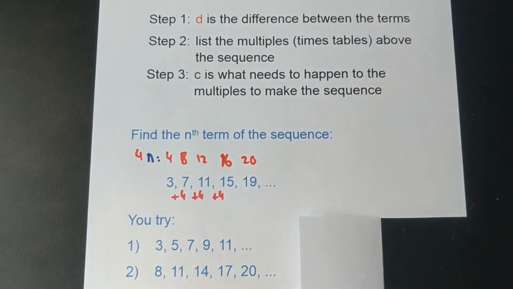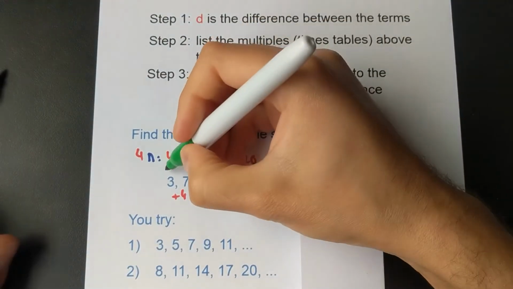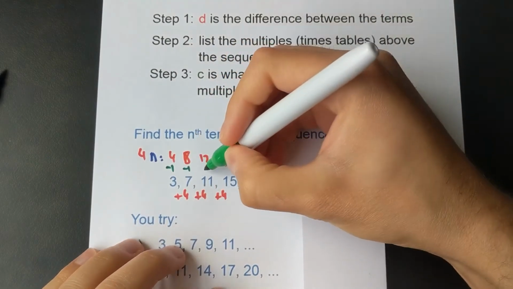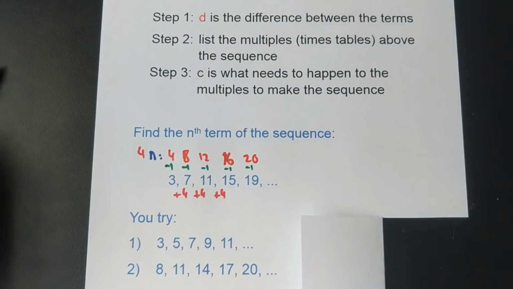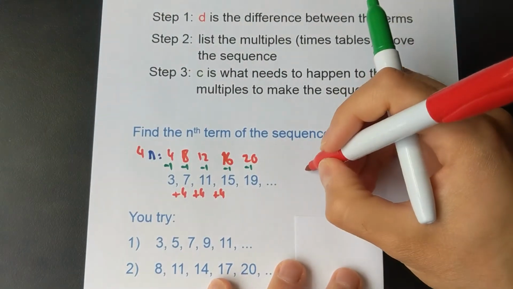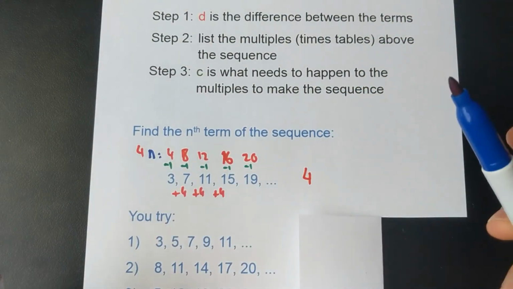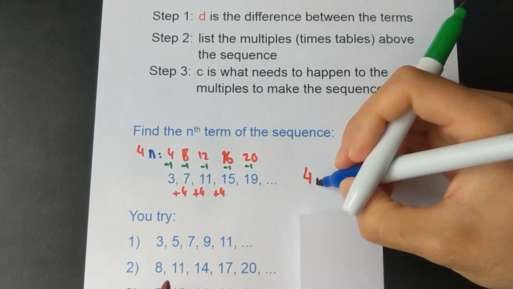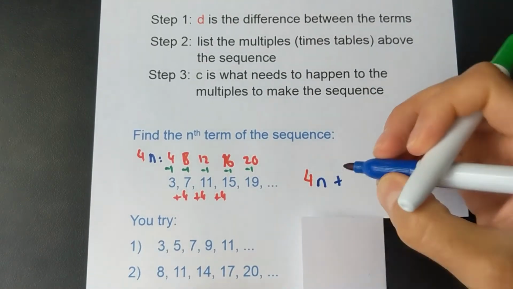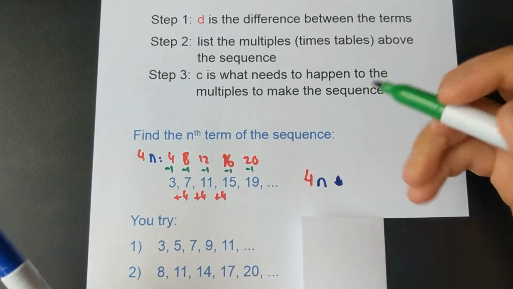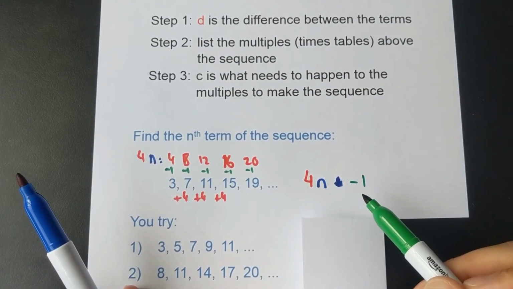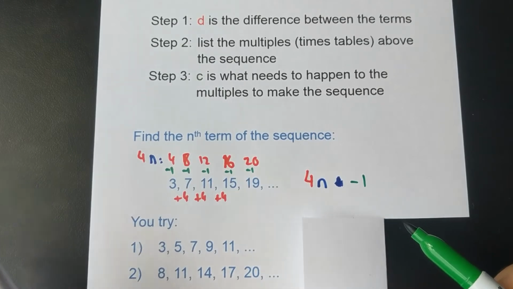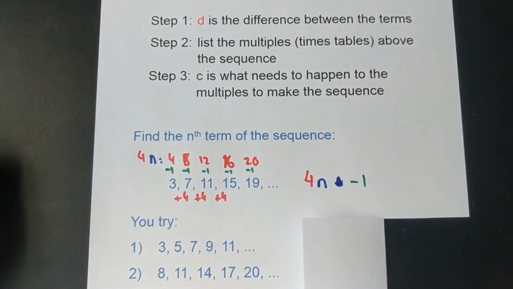What am I doing here to correct that? Well, I'm taking away 1 each time. So that means that my nth term for this sequence is going to be 4n. Oh, not plus. It is take away 1. I could technically write add -1, but I don't need to because it's the same as 4n take away 1.